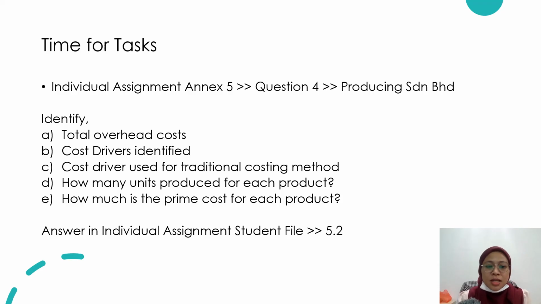First question: identify total overhead costs. Number 2: which one is the cost driver? And what will be the cost driver used for the traditional costing method? Read the question and you will see the answer there. Then the fourth question is: how many units are produced for each product? And lastly, how much is the prime cost for each product?